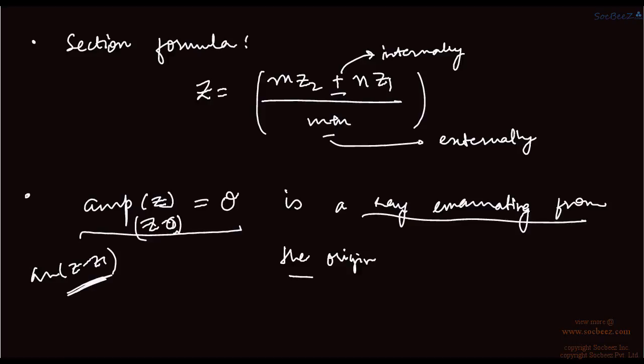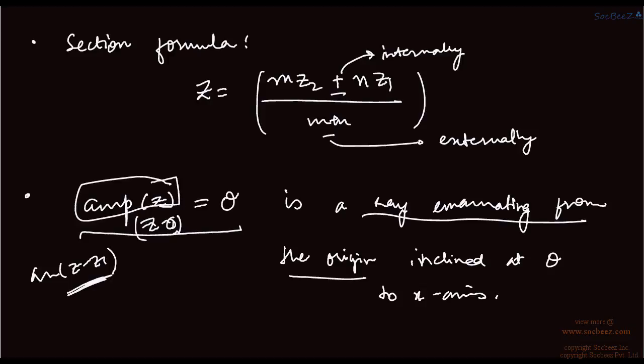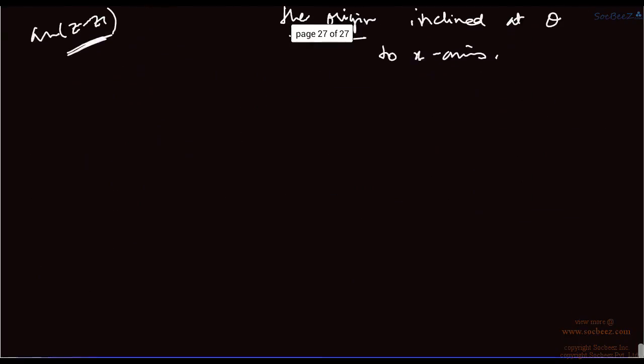So it is a ray emanating from the origin, inclined at an angle theta to the x-axis. So if anything about the amplitude of z is given, then you will have the theta, the angle with which it is inclined to the x-axis. It can be minus 3 pi by 2, it can be plus 5 pi by 2, anything.